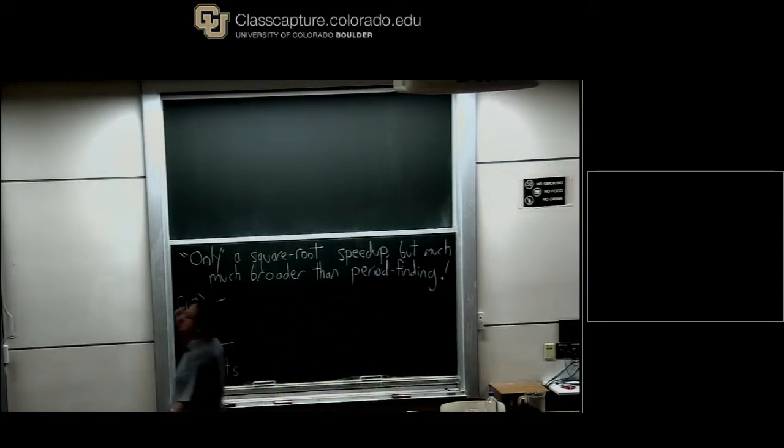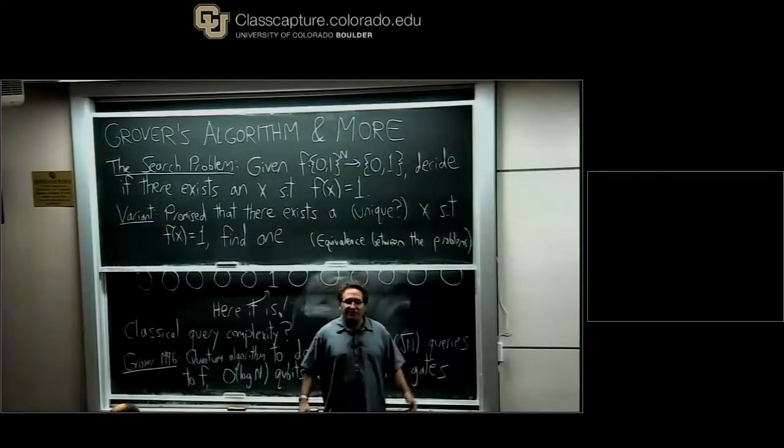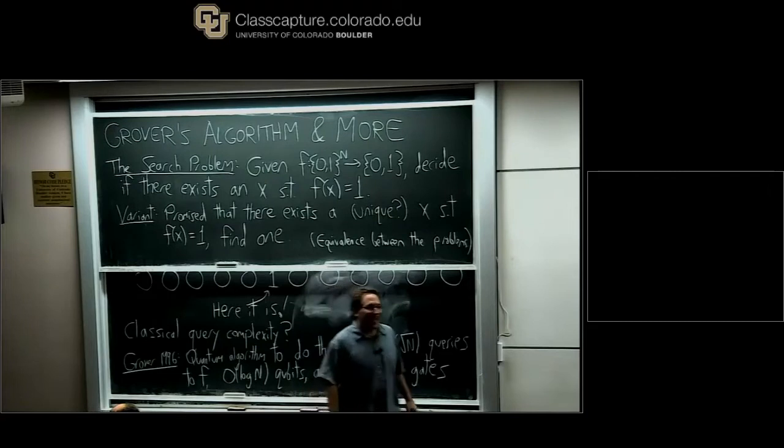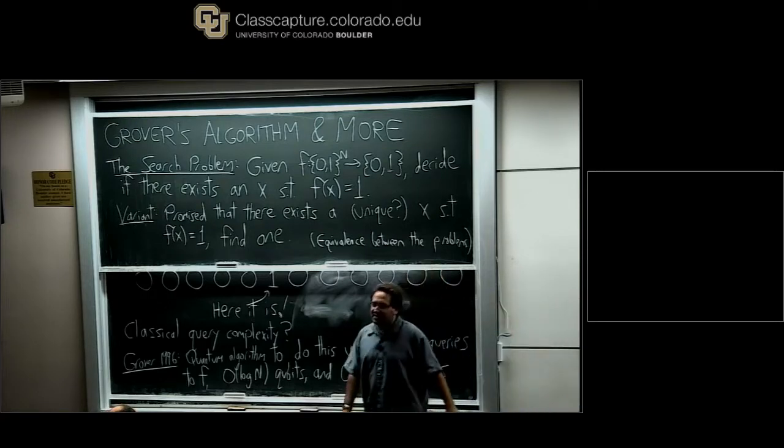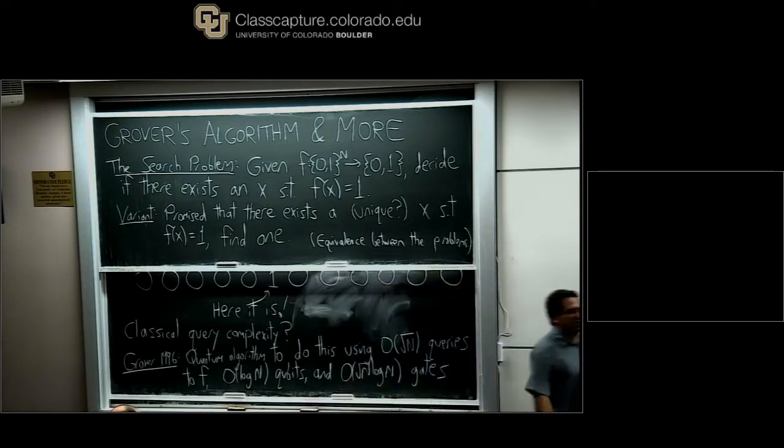Okay, so let's just consider now the much more general problem of search. And once again we can formalize the search problem in this query model. All we have to do is say, look, you are given black box access to some Boolean function f, in this case from n input bits to 1 output bit.